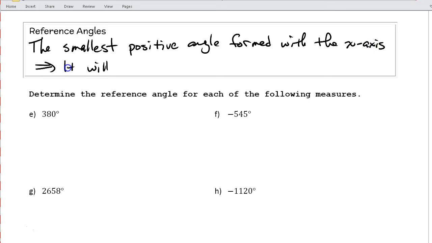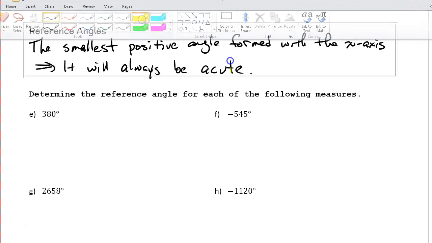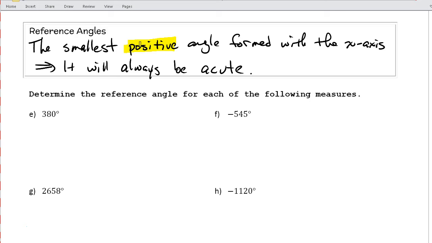It will always be acute. So a couple of key points here. It's positive, it's formed with the x-axis, and it's going to be acute. So we have to make sure it fulfills those three requirements.